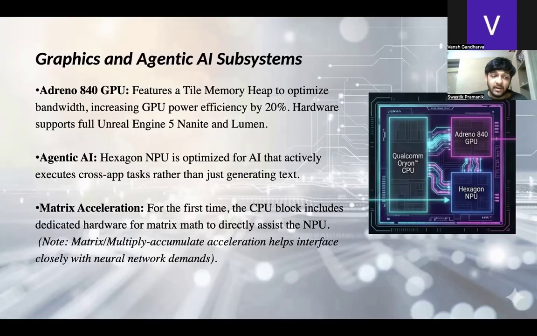On the AI side, the Hexagon NPU is designed for agentic AI, meaning it can understand users' intent, perform multi-step tasks, and work across applications. Additionally, the CPU now includes hardware matrix acceleration, which directly supports AI computation. And it is also closely related to neural networks such as transformers.